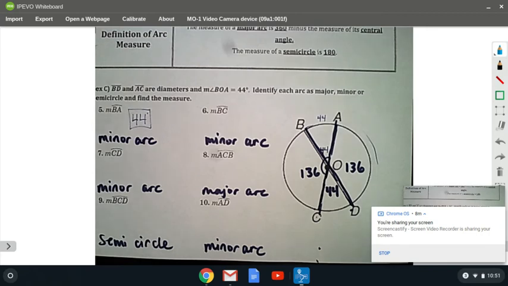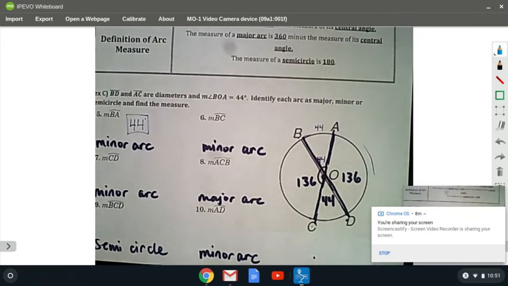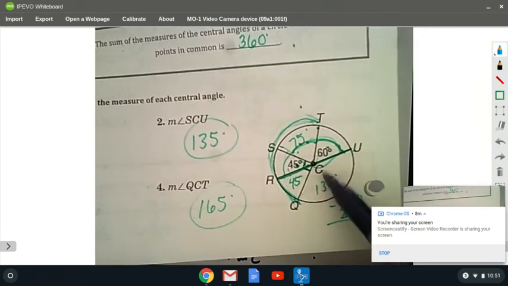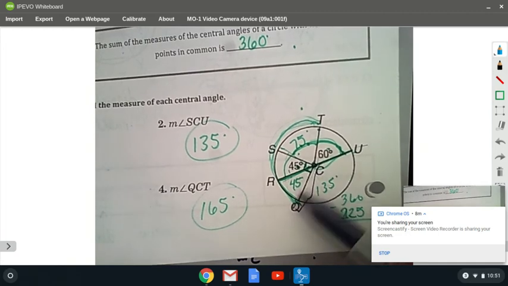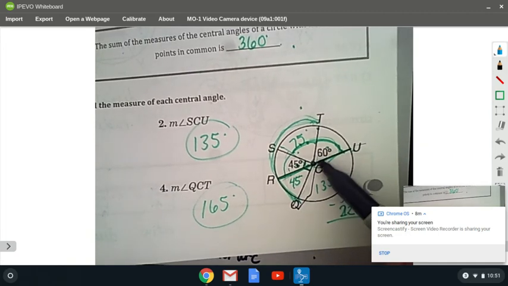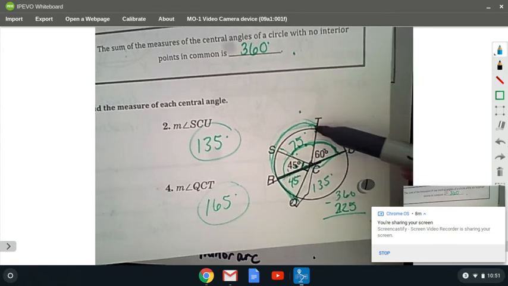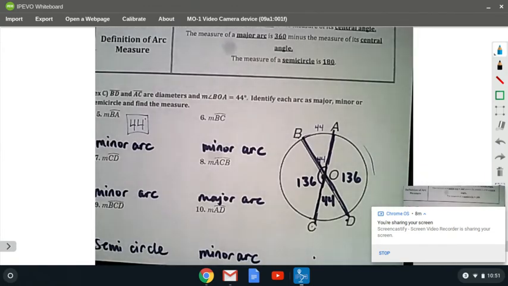Sometimes it can be a little tricky to see, like in the first problem we did today. Some of you may have mistaken TU and RQ as vertical angles. They're not, because this line goes into that one. This line, if it kept going, would go bigger. So that's an important thing to note.